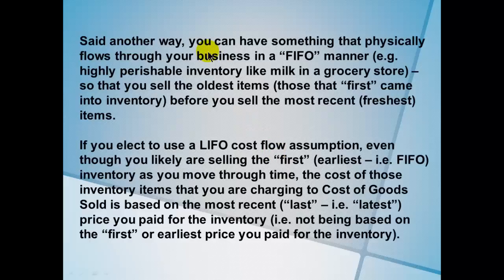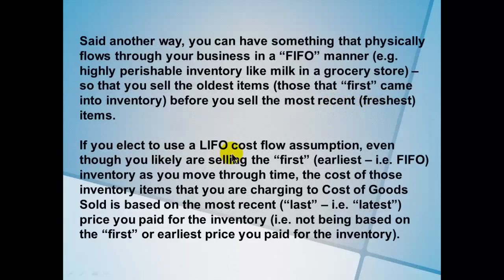Said another way, you can have something that physically flows through your business in a FIFO manner. An example would be a highly perishable inventory like milk in a grocery store, so that you sell the oldest items, those that first came into inventory, before you sell the most recent or freshest items.